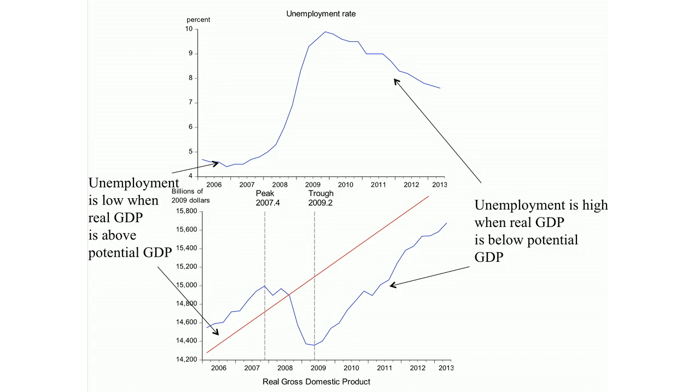And then it starts to come down gradually as real GDP gets back towards potential GDP. So there's this general phenomenon that unemployment is relatively low when real GDP is above potential GDP, and unemployment is relatively high when real GDP is below potential GDP. So these ups and downs in the economy as measured by real GDP have huge implications for the labor market, the amount of unemployment in the economy. And you can see how large those swings are, going over 10% because of this recession, starting even below 5%.